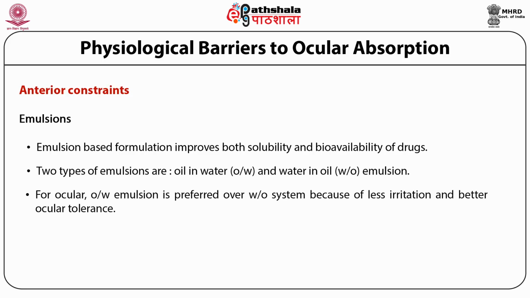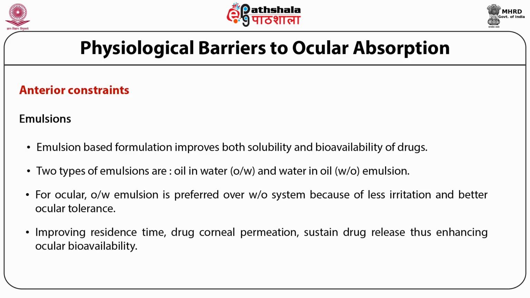For ocular instillations, oil in water emulsion is preferred over the water in oil system because the former will cause less irritation and will result in better ocular tolerance. It will improve the residence time, drug corneal permeation, sustain the drug release, and therefore enhance the ocular bioavailability. The various emulsions which are available as marketed formulations include trade names like Restasis, Refresh Endura, and Azasite.